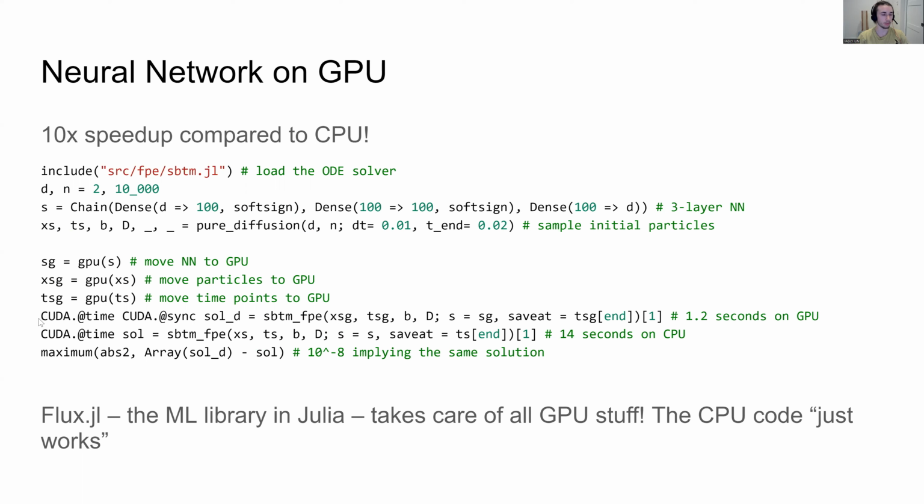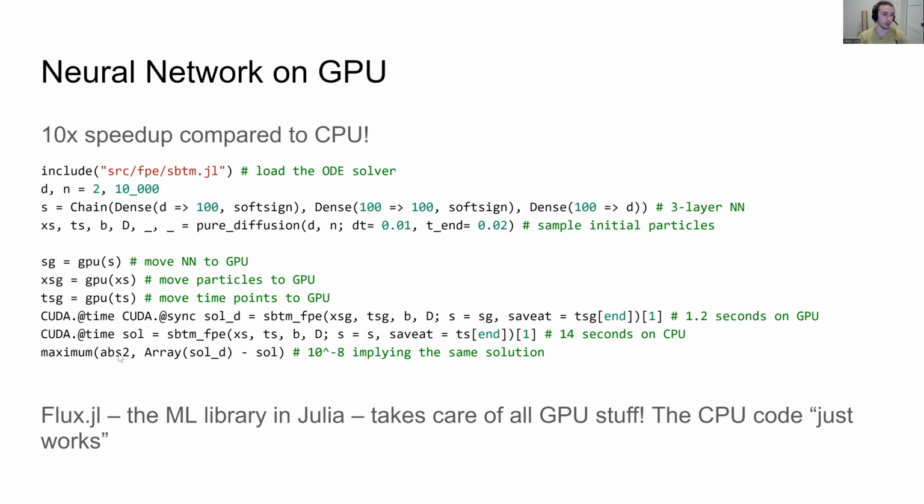And now we time the two methods of solving this Fokker-Planck equation, which is just the heat equation, in fact. And we see that using the GPU, it takes 1.2 seconds versus 14 seconds on the CPU. So quite a bit faster.